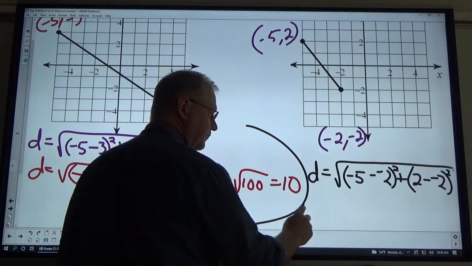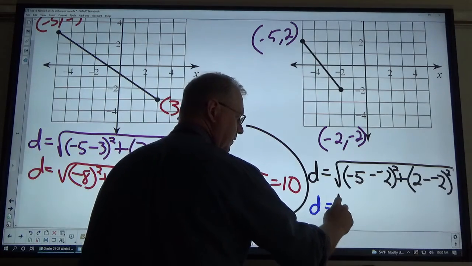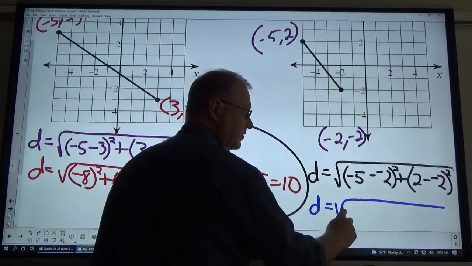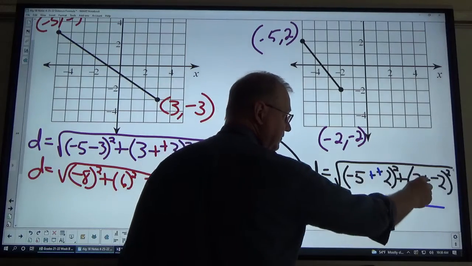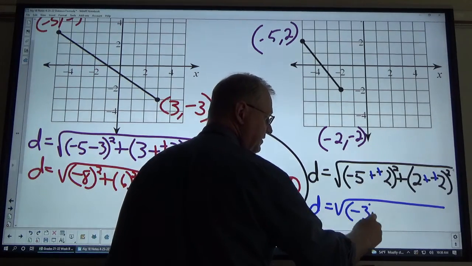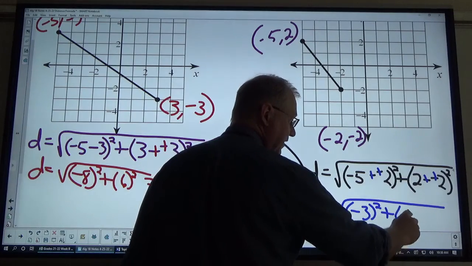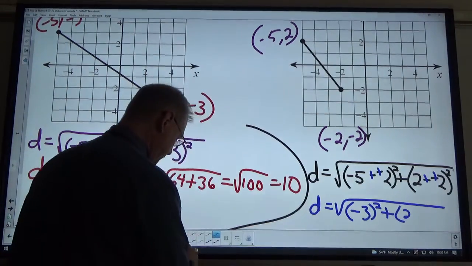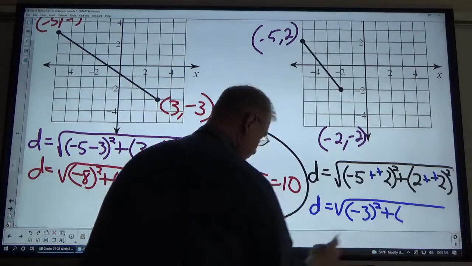All right. So we're talking about plus positive, so this would be a negative 3 squared, and a positive 4, not 2, 4 squared.